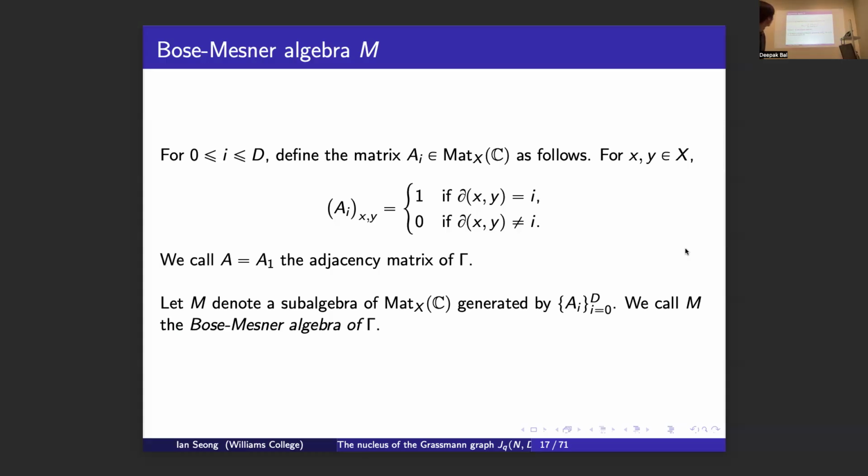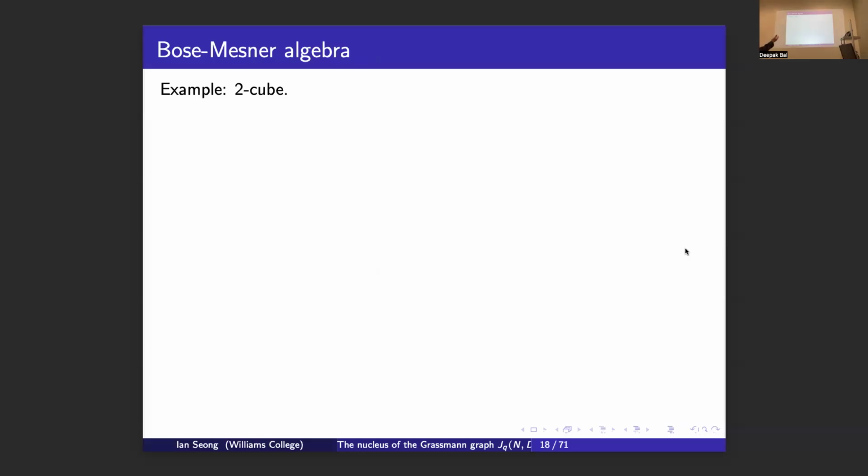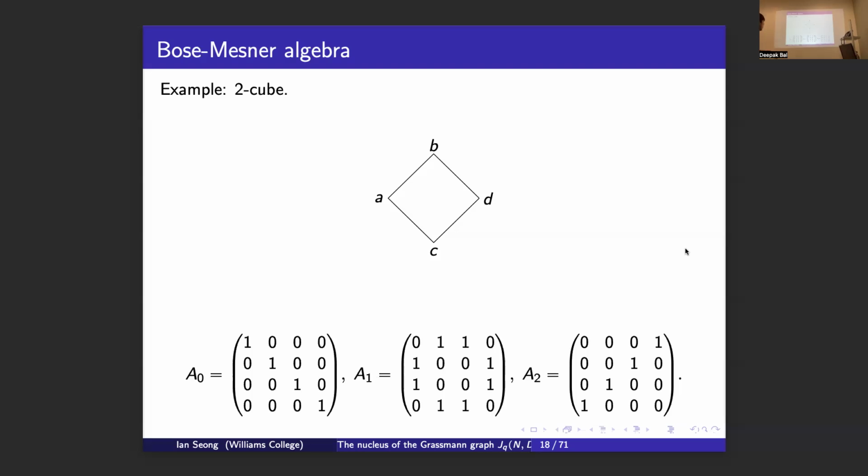Let's look at an example of a Bose-Mesner algebra of a 2-cube. This is what a 2-cube looks like, and let's label the vertices A, B, C, and D. Let's say the matrices are labeled so that each row is indexed by A, B, C, D respectively, and each column is indexed by A, B, C, D respectively. In that case, A_0 is just our identity matrix.